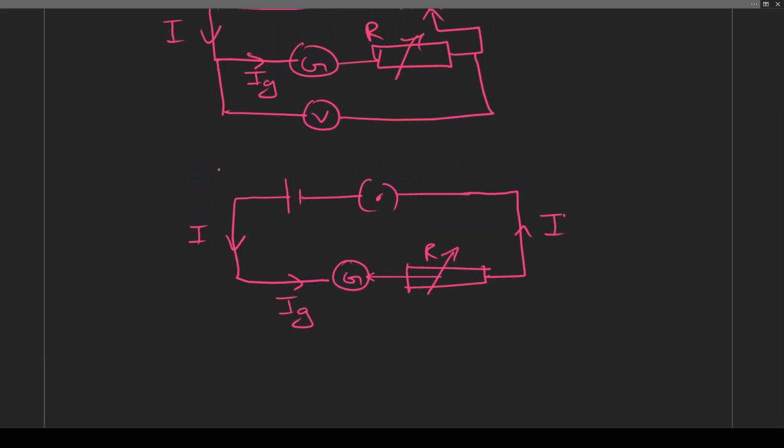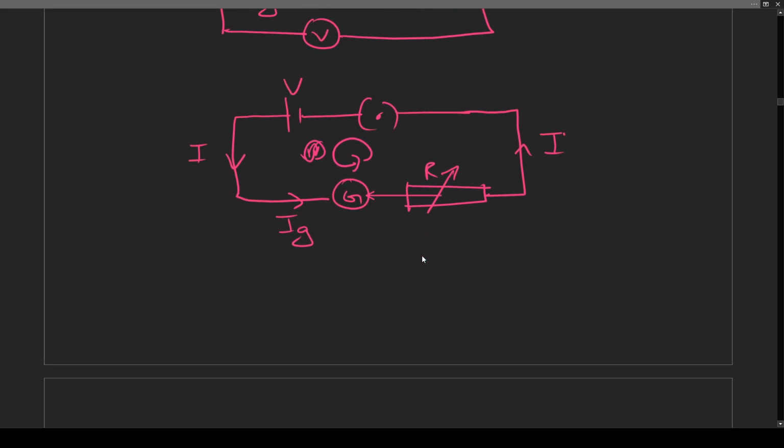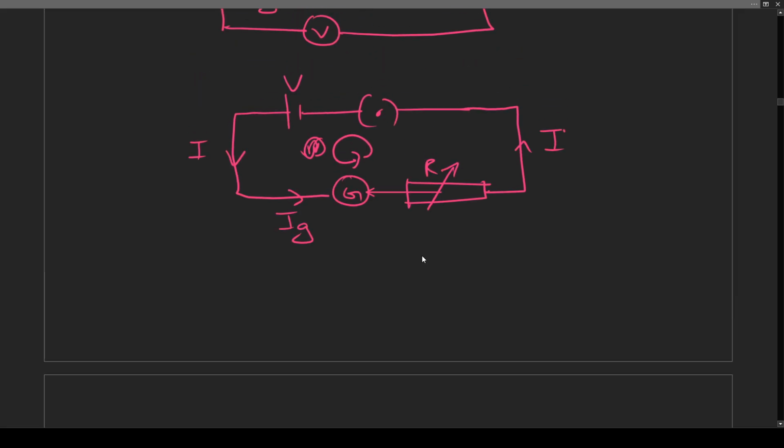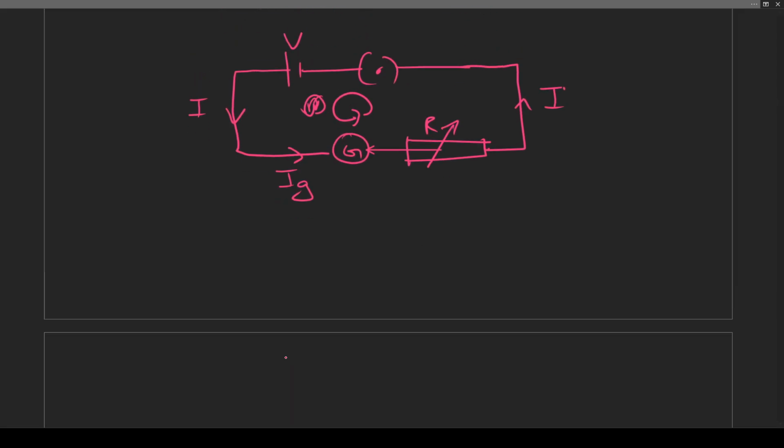So if we take a certain direction like this and apply KVL, Kirchhoff's loop law, we will get an equation. We know that the total potential difference across a closed loop is 0.